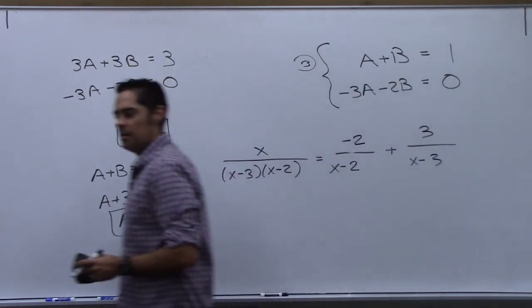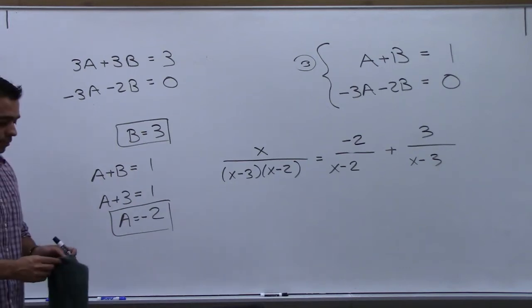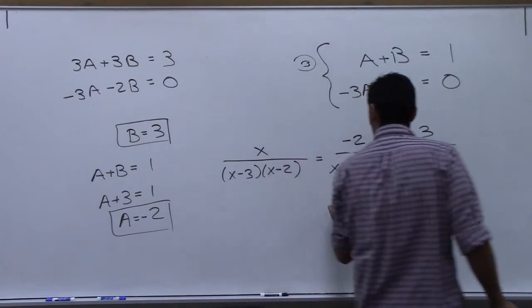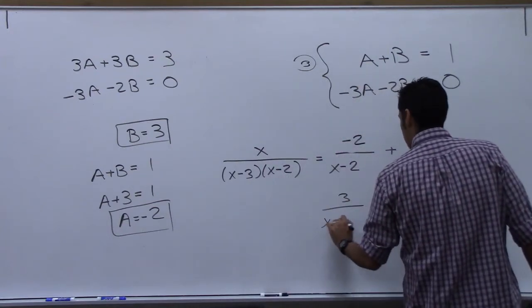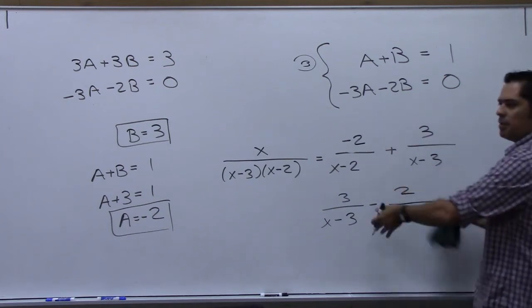Got it? So that's it. That's the partial fraction decomposition. And would that be any less correct than the other way? Like just doing it like that? Oh, no, it's the same. Yeah, you could leave it like that. You could do this, which is the same thing. These are both equivalent, so.